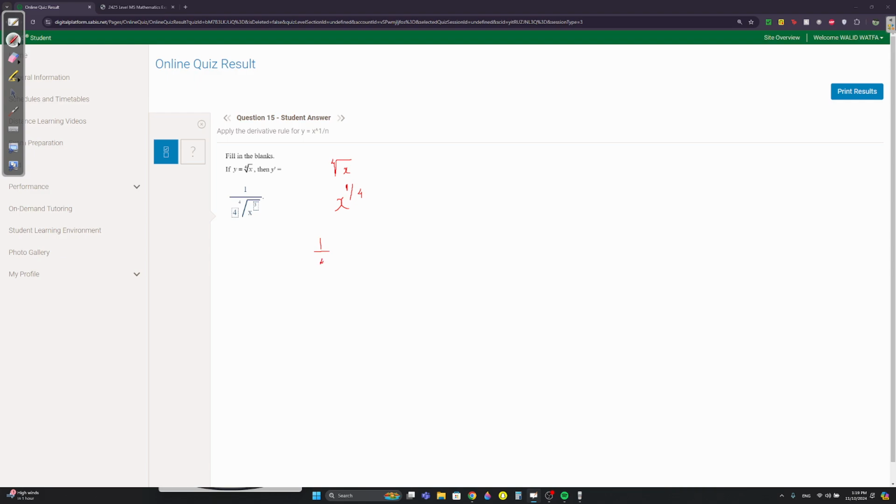It's going to come 1 over 4 times x to the power of 1 over 4 reduced by 1, which becomes minus 3 over 4. And you know, you can't keep your power negative, so what do we do? We take it down. So 1 over 4 x to the power of 3 over 4. And x to the power of 3 over 4, we can't keep it as a fraction. We have to make it as a root. And the denominator goes out as the index, so it becomes the fourth root of x, and the numerator goes inside, so cube.